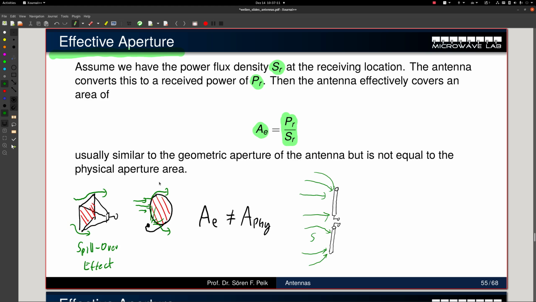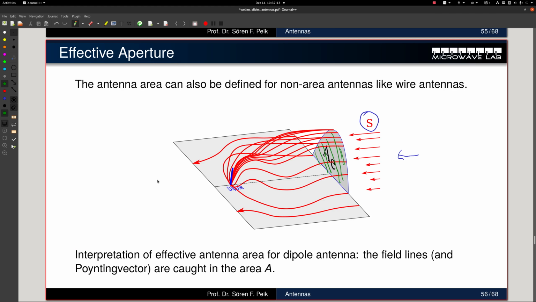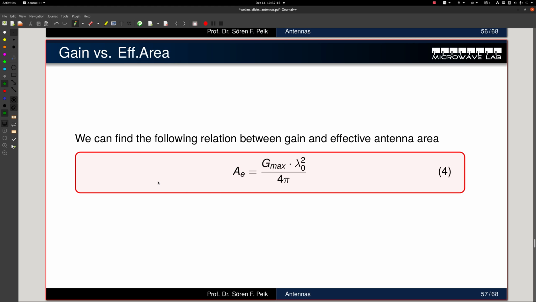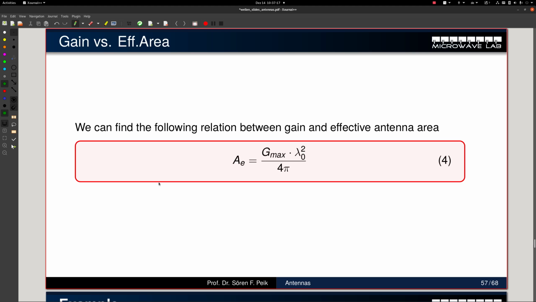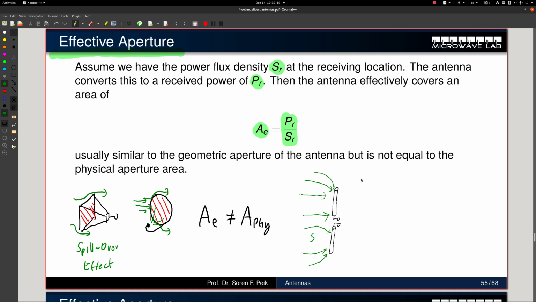I'm missing one slide here. Sorry about that. Okay, let's put it here. It's gone for some reason. This slide is the so-called efficiency.